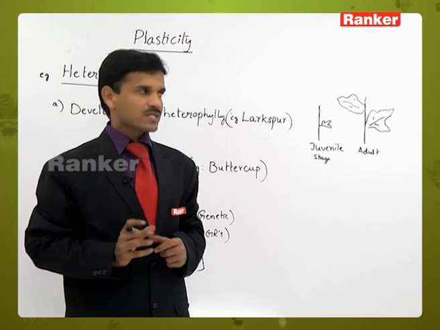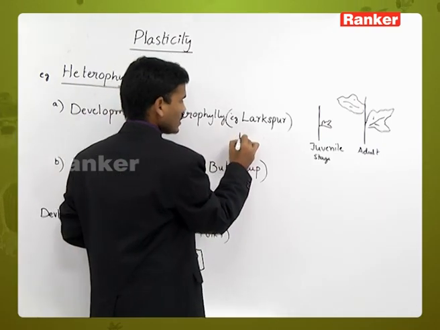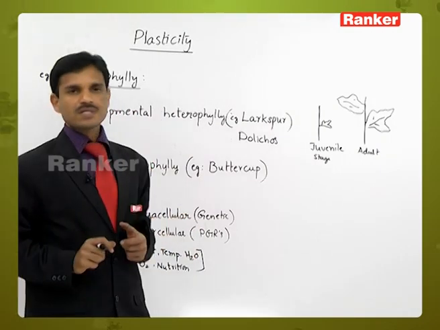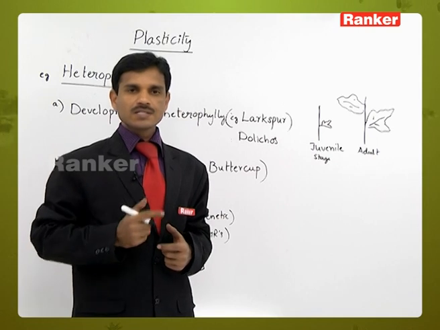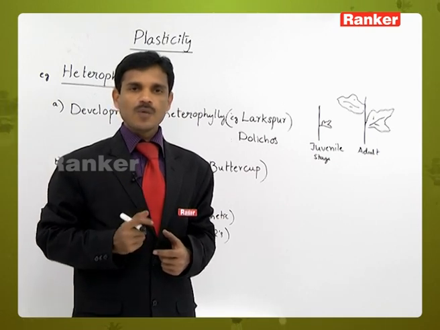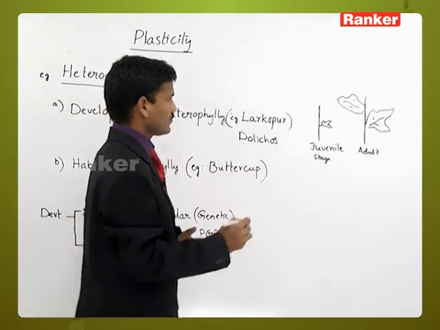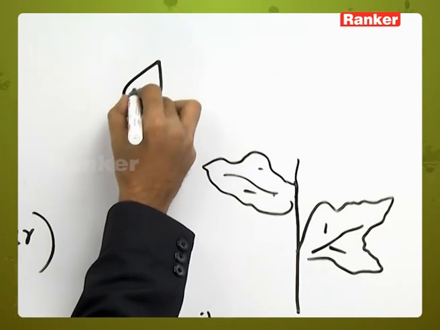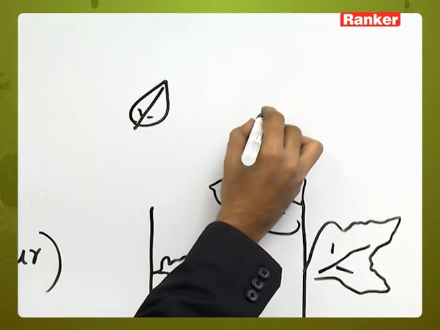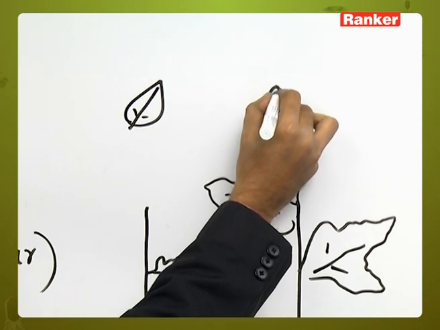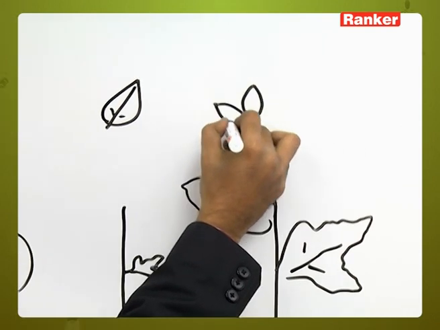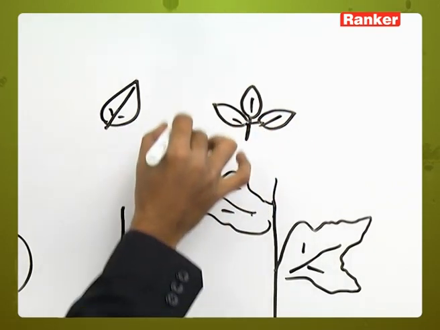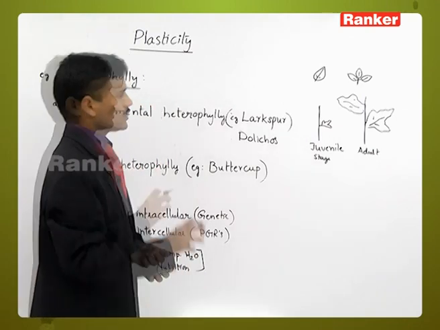In the dolichos plant, the leaves in the juvenile stage are simple leaves. In the adult stage, trifoliate compound leaves are produced. Simple leaf and compound leaf. The juvenile leaf is a simple leaf, but in the adult stage it is a compound leaf having 3 leaflets.